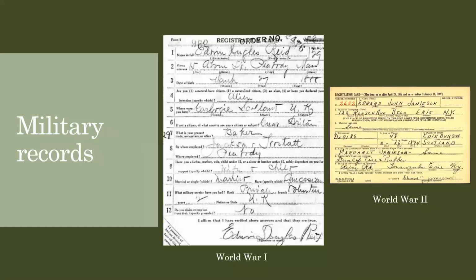So, military records. Here are two draft registrations for men born in Scotland. The one on the left is a man who was born in Scotland and was living here in 1918, when all of the men living in the US, whether they were citizens or not, if they were born between 1875 and 1900, had to register for the draft.